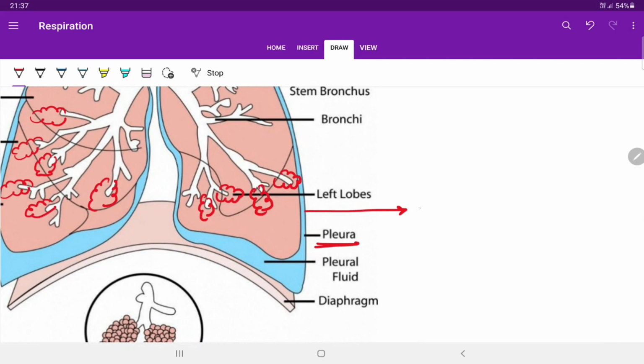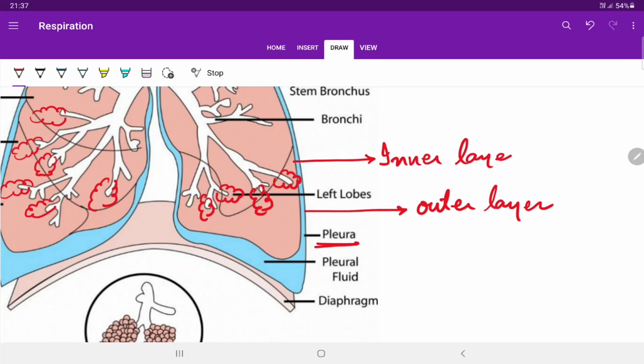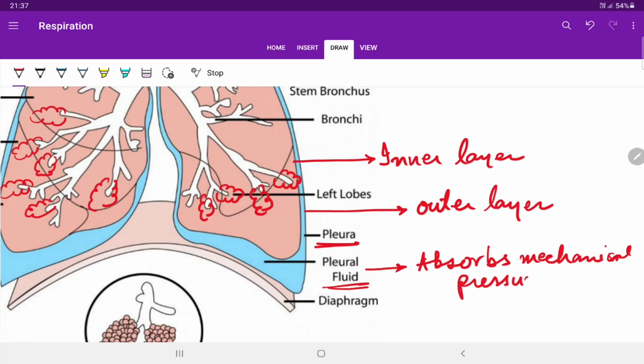This one is the outer layer of the pleura, and this is the inner layer of the pleura. Between the two layers, there is a fluid called the pleural fluid. What does it do? It absorbs any kind of mechanical pressure, and it prevents the lungs from getting damaged.